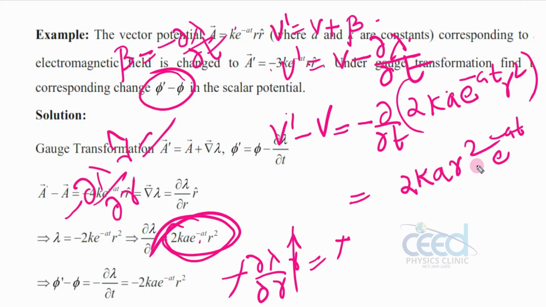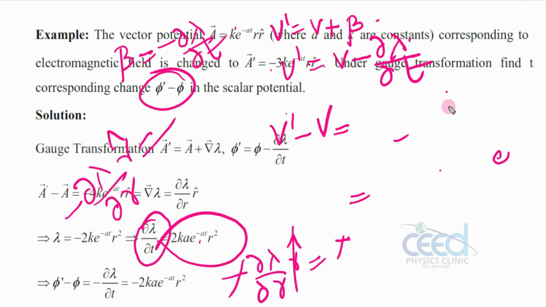Oh sorry, here the ∂λ/∂t value is already given, so directly you can write minus ∂λ/∂t, the value is only given, right?